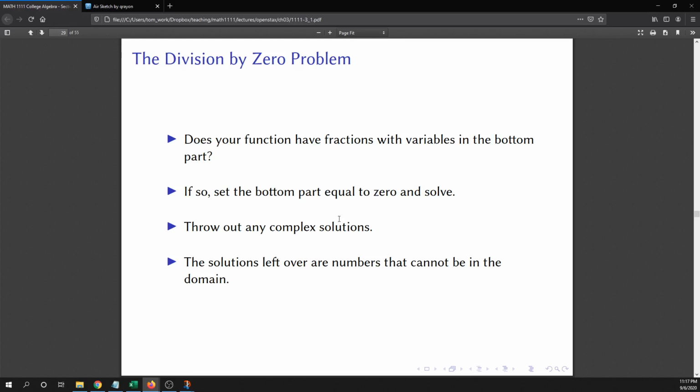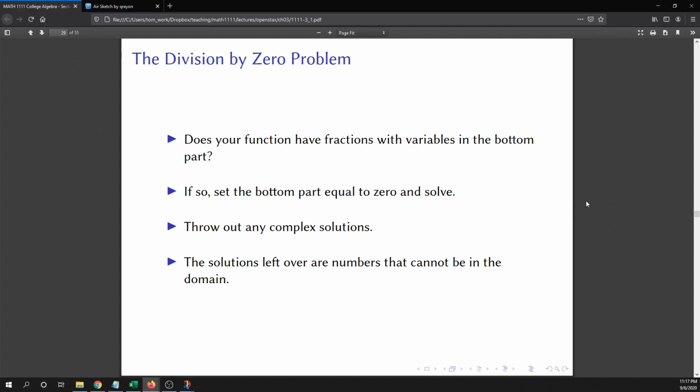I'm just throwing this step in for completeness' sake. So you set the bottom part equal to 0 and solve, and you'll potentially get some solutions. Any solutions that are real numbers are the numbers that are not in the domain. So it's all the real numbers besides those ones that you have.